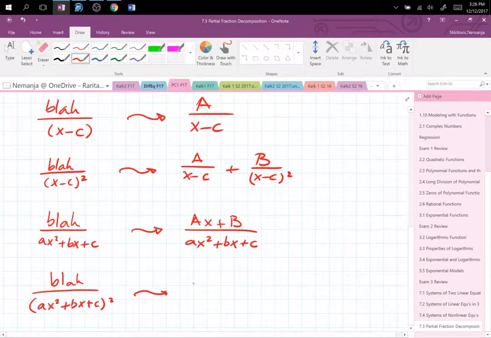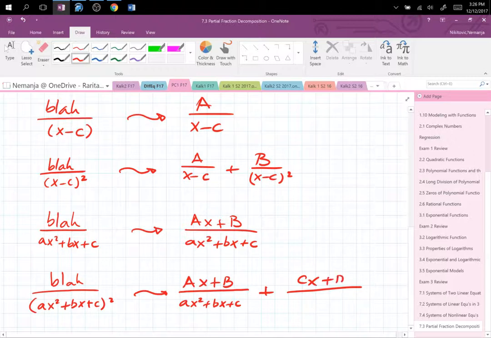I'll show what I mean. There we go. So these are the 4 formulas which you are going to use to decompose problems.